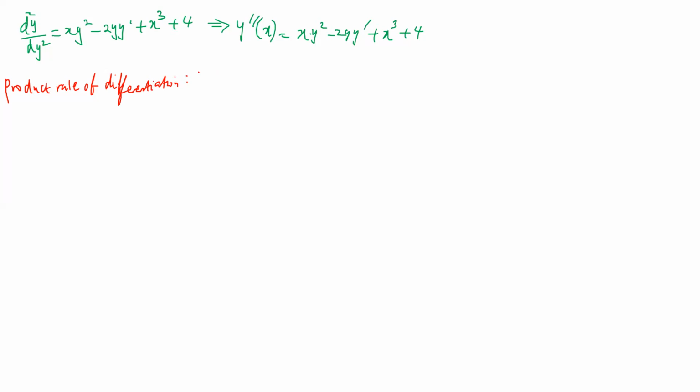It states that we can find the derivative of a product of functions. We can let y be a product of two functions, then the product rule explains how to find dy dx of the product.